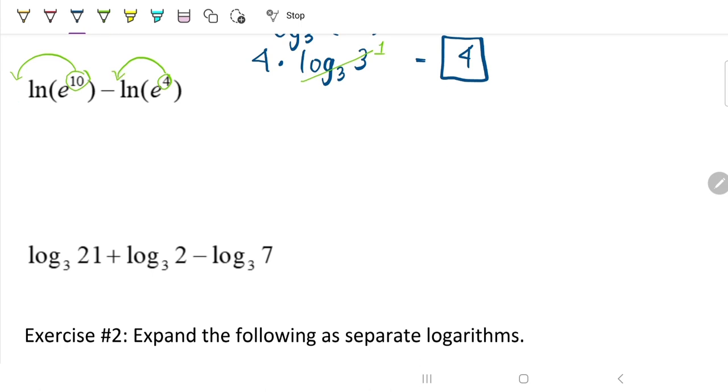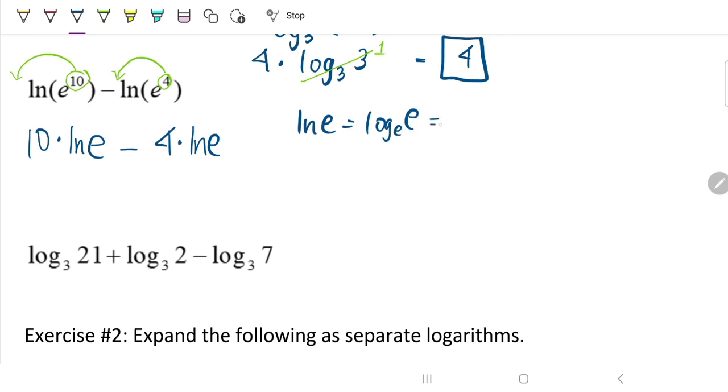So rewriting this expression, we have 10 times ln e minus 4 times ln e. So recall that ln e is just equal to log base e of e. Therefore, this is equal to 1. So essentially, this is 10 times 1 minus 4 times 1. So 10 minus 4 is equal to 6.